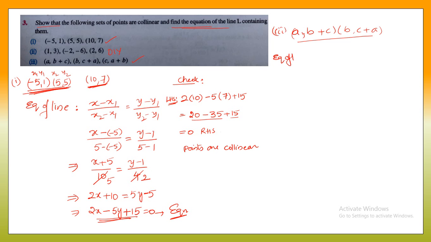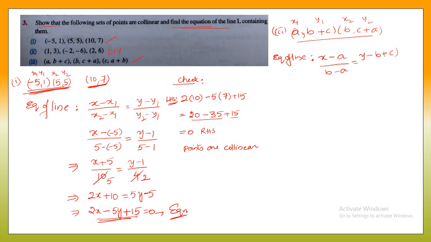The equation of a line using the two-point form is given by x minus x1. So this is x1, y1, this is x2, this is y2. So x minus x1 means x minus a, by x2 minus x1, so b minus a, is equal to y minus y1.